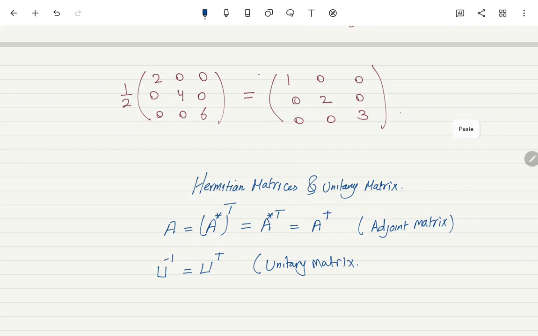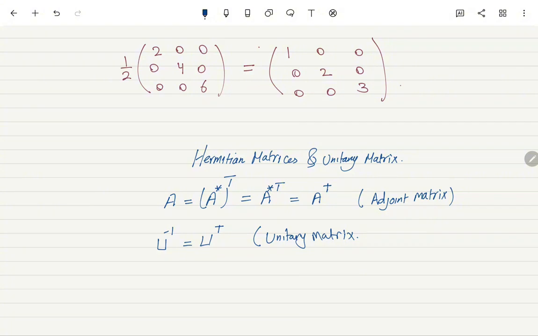As a matter of fact, this matrix is very important in quantum mechanics, and obviously the orthogonal matrix, A inverse equal to A transpose, is just a special case of unitary matrix when all elements of A are real.